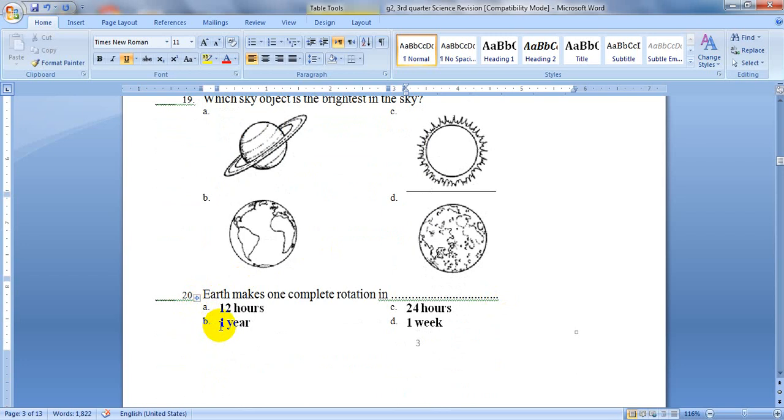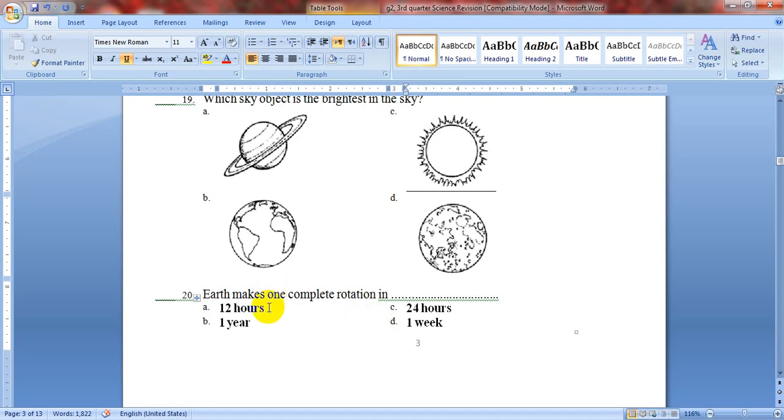Question number 20. Earth makes one complete rotation in, let's remember what does it mean, the word rotation. Rotation means the movement of Earth around its axis or around itself. How long does it take?